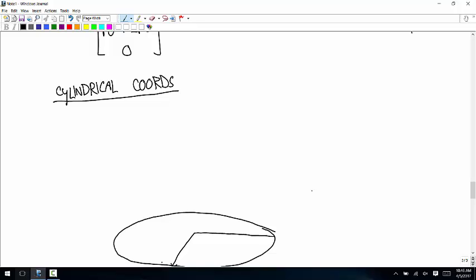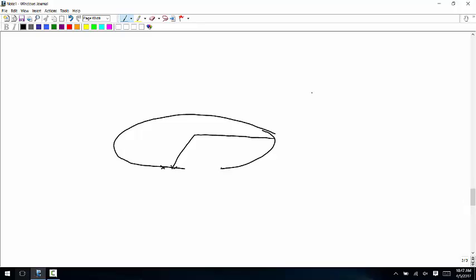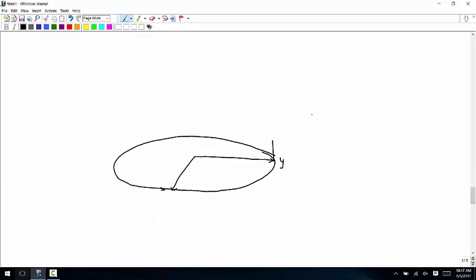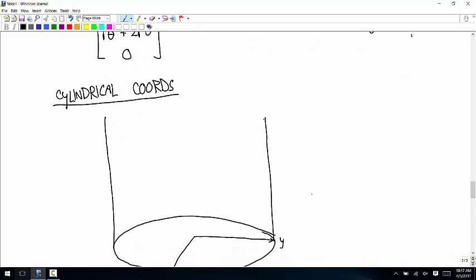So there's your implied inertial coordinate system, x and y components. There's x, there's y. And then instead of being a circle, it's a cylinder. Makes sense. And the z-axis goes this way.